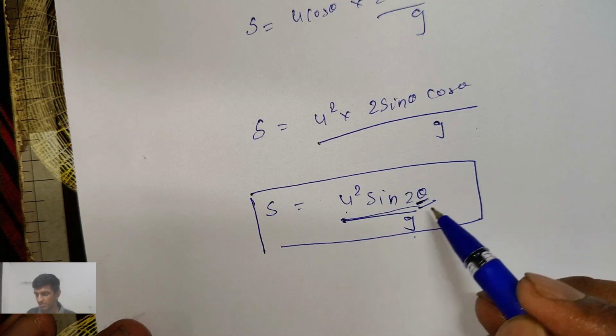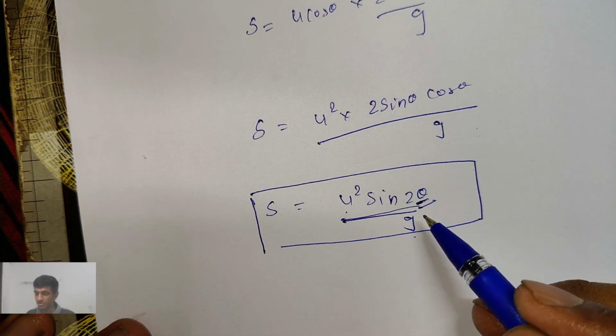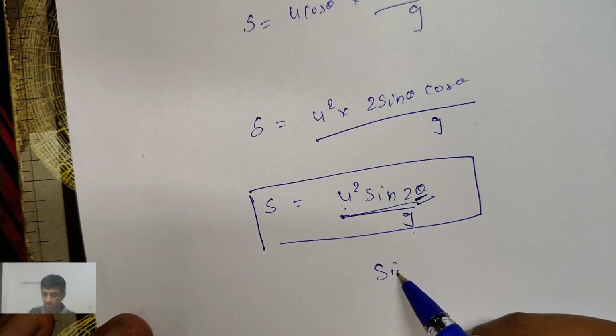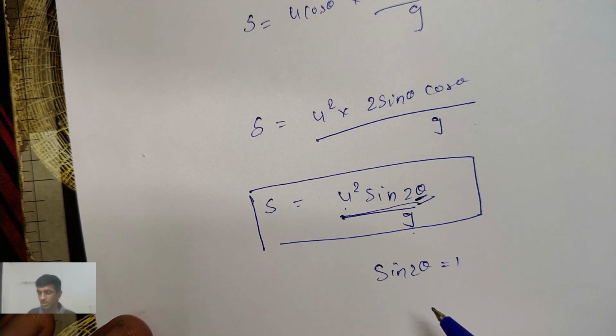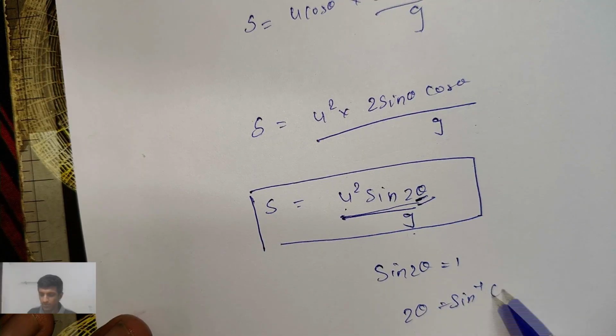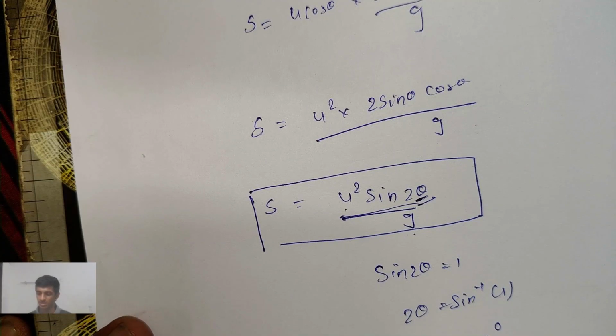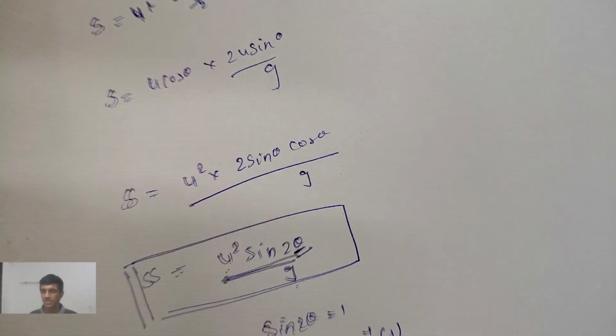The only thing we can maximize is sine 2 theta. What is the maximum value of sine 2 theta? The maximum value of sine 2 theta is 1. So, if any time a question comes, what's the angle when it's maximum? It will be 2 theta equals sine inverse of 1, which will give 2 theta equals 90 degrees. We are assuming that all angles are within the 0 to 90 range. So theta will come out to be 90 by 2, which is equal to 45 degrees.